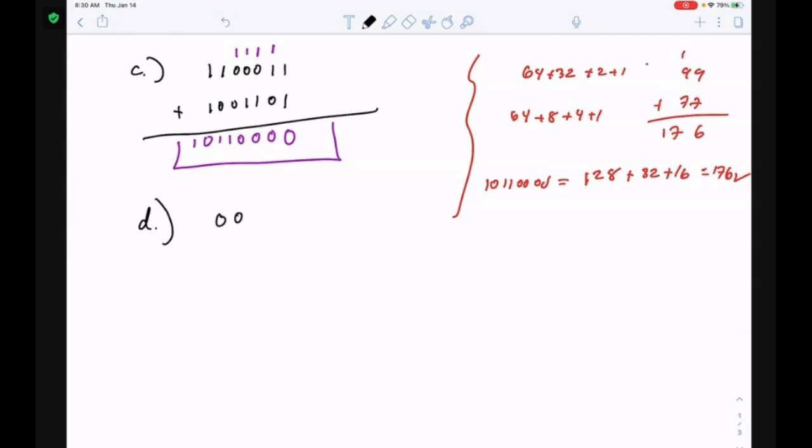Zero, zero, 1, 1, 0, 1, 0, 1. Okay. And we will add to that 1, 1, 1, 1, 1, 1, 1, 1. Let's have a little fun.